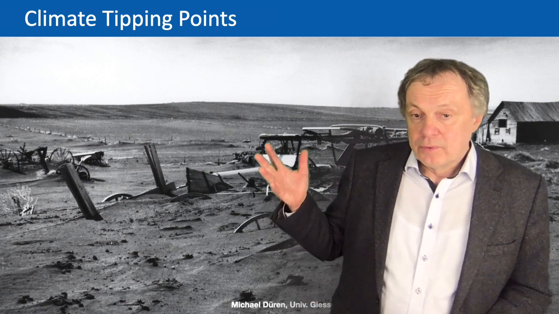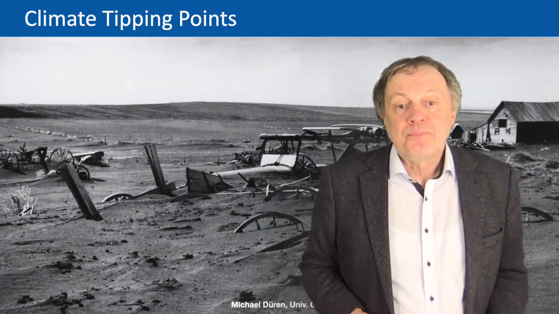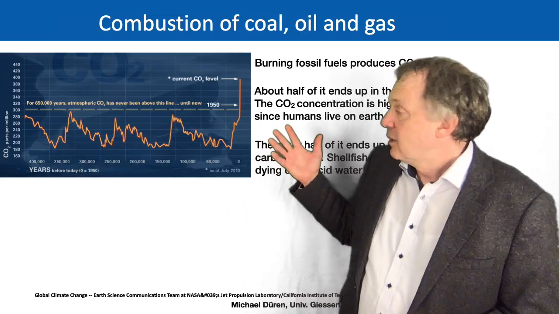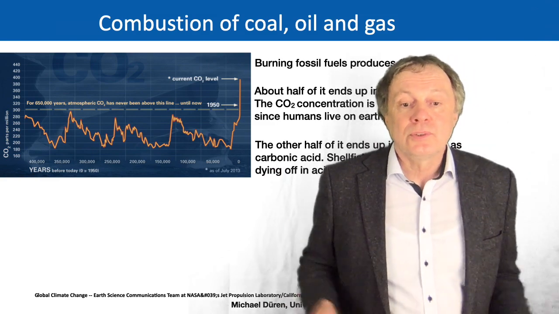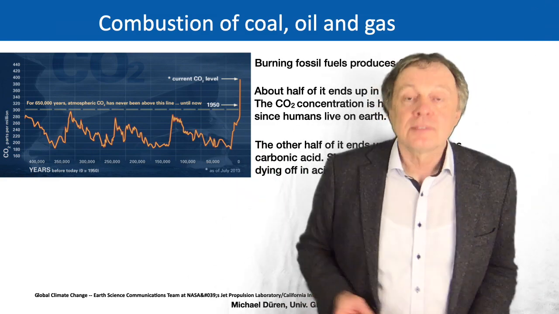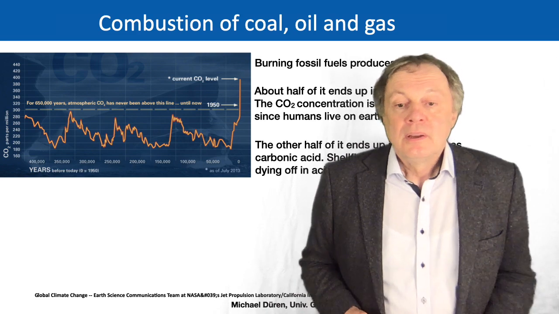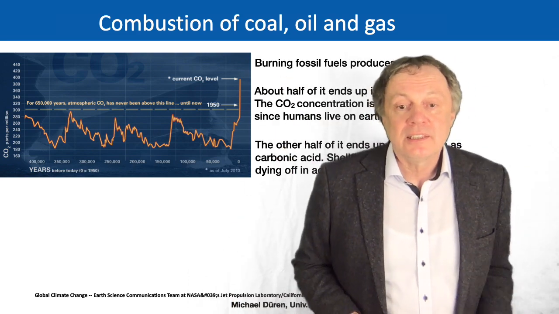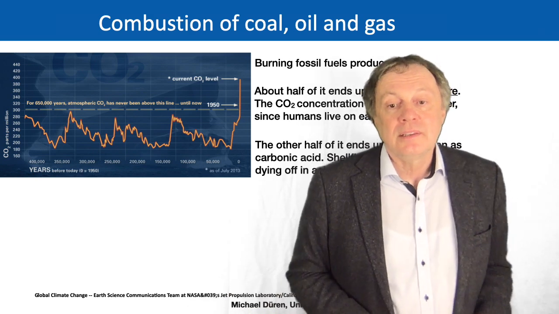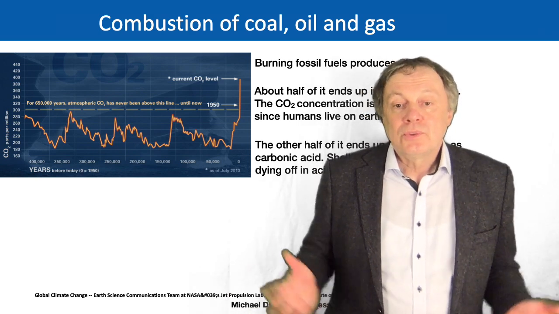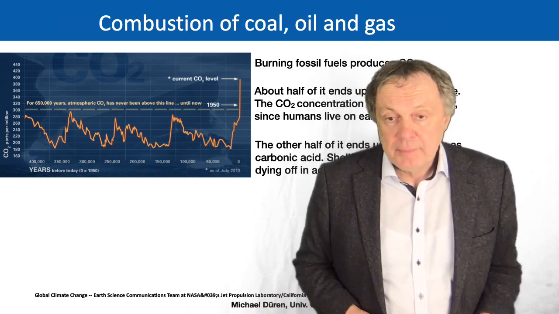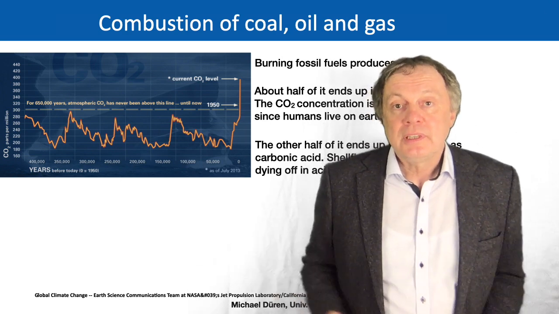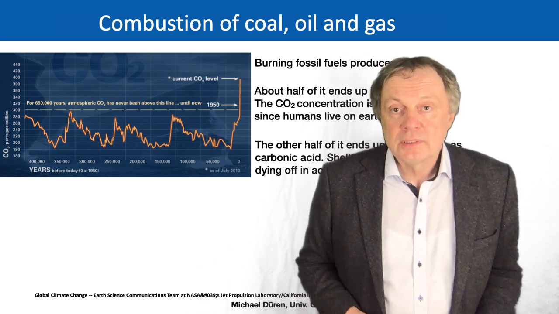So what is the conclusion of all that? Well, here again our well-known plot of CO2, this time only the last 400,000 years. We see the strong rise since the industrialization, so the last 50 to 100 years. CO2 is rising rapidly due to the burning of fossil fuels.